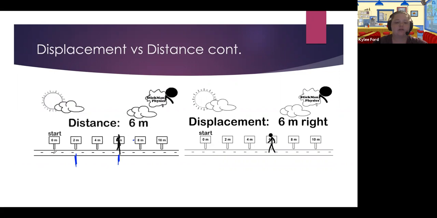Okay, so here's my initial, or my x naught. Okay, this is like an intermediate step. Okay, and then this is my final here, or x. Okay, here he does the exact same thing. Starts at 0, goes to 6, and ends at 2 meters.